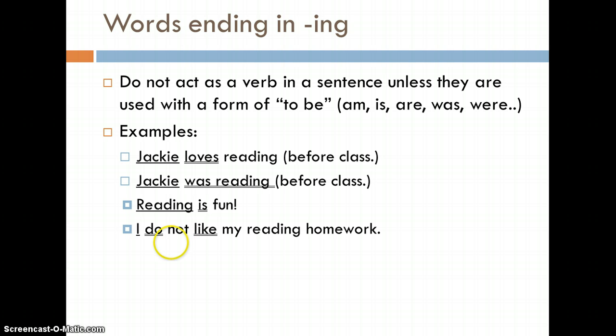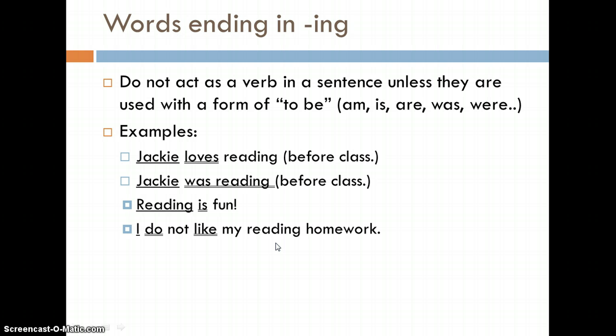So do like is the complete verb of the sentence. And then we ask, who does not like? Who is the person who does not like? And I am the person. So I is the subject of the sentence. I is the subject, do like is the complete verb. And notice we have again the same word reading ending in ing, but it's not used with the form of to be, so it is not acting as a verb in this sentence.